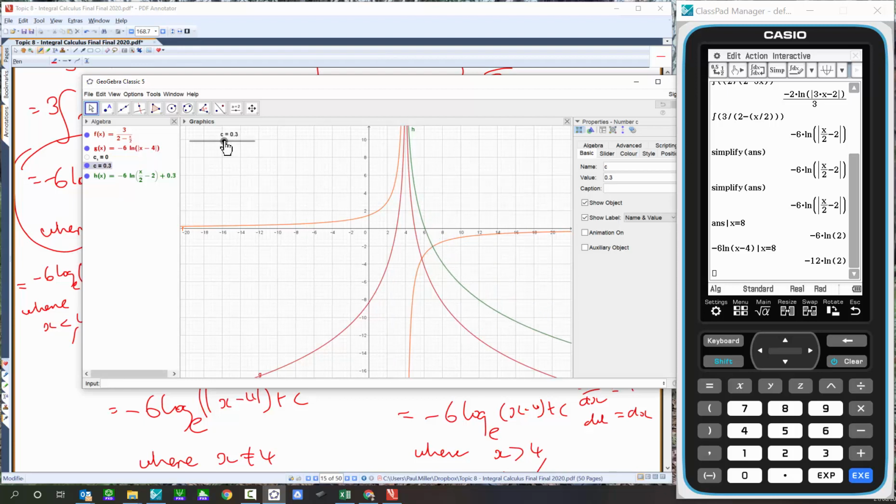Now have a look at what happens when I move this constant over. All right, building up the tension a little bit. If the constant is this value right here, then it'll produce the exact same antiderivative function as g of x. Okay, so all depends on the constants as well. Right, so all you need to know is, yep, that's a different function.